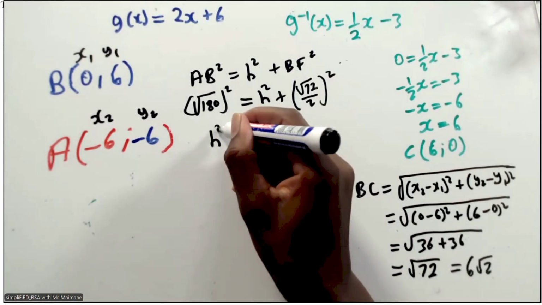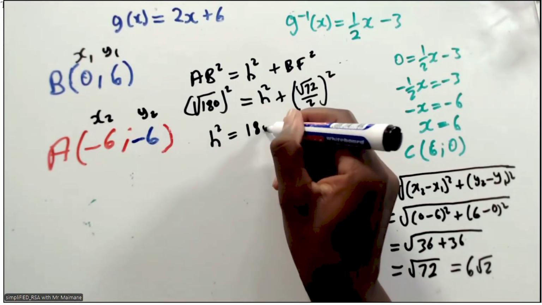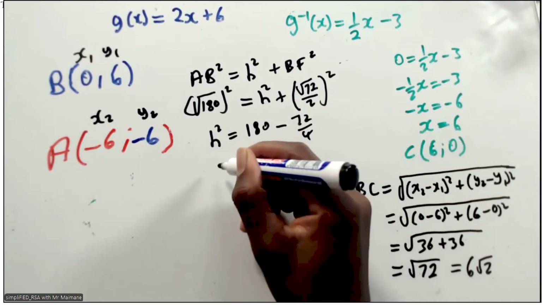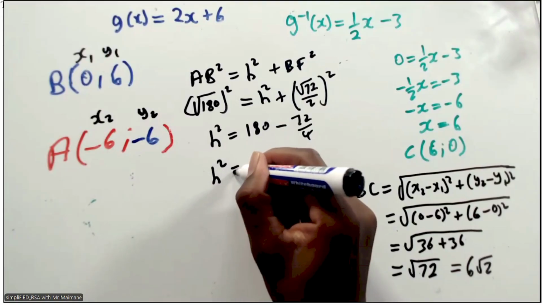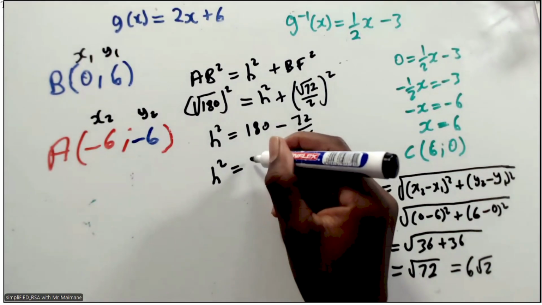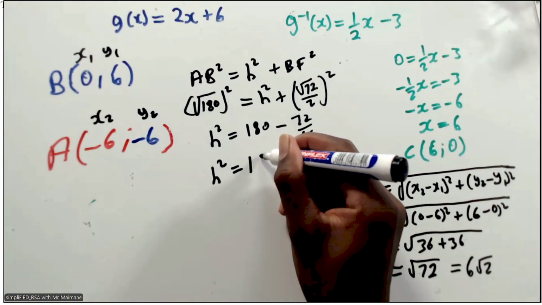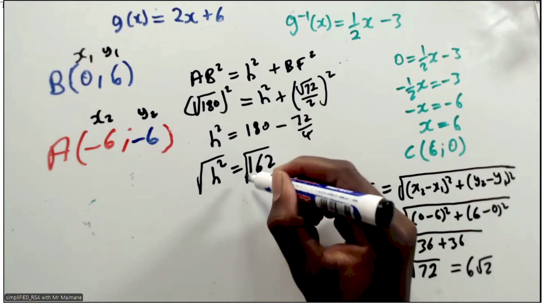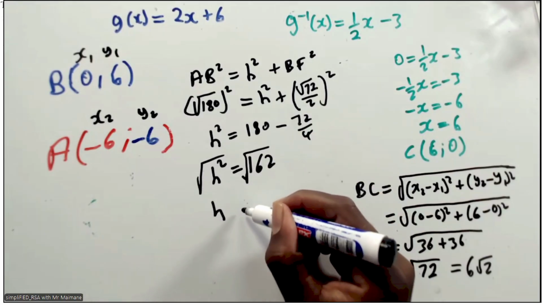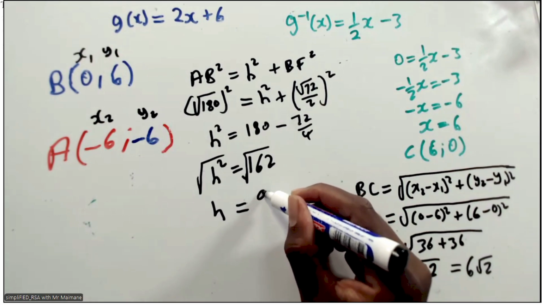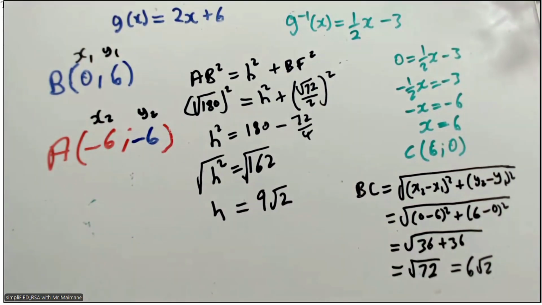Therefore, we'll get that h squared is going to be 180 minus 72 over 4. If I simplify this, I will get 162. And to get h, I'm just going to take square roots of both sides. Therefore, h is going to be the square root of 162, which is 9 root 2.